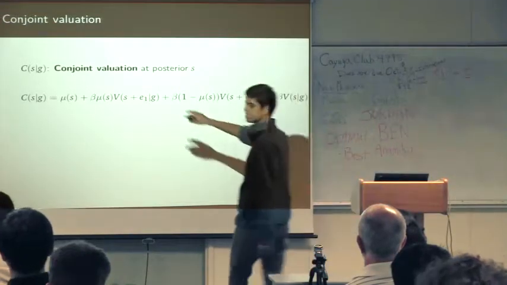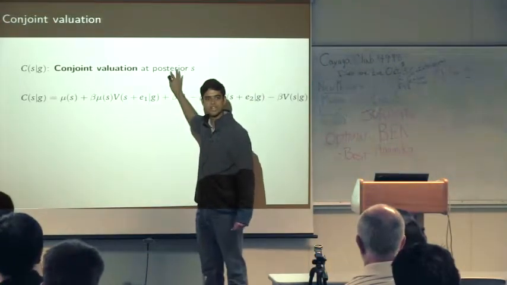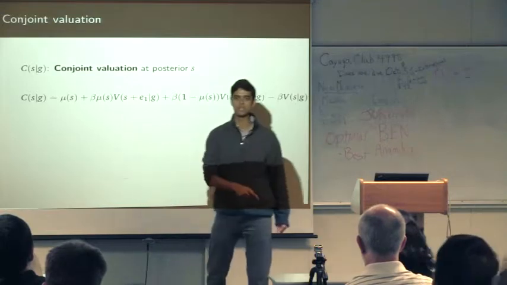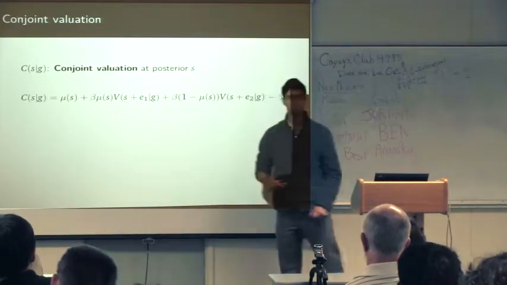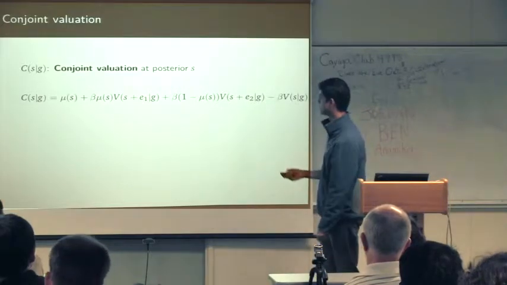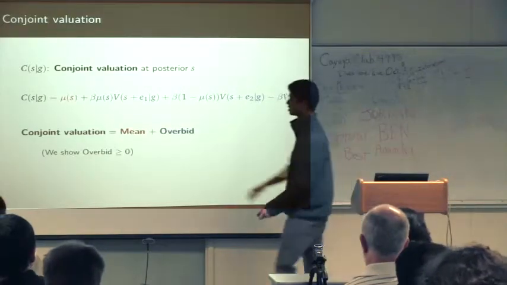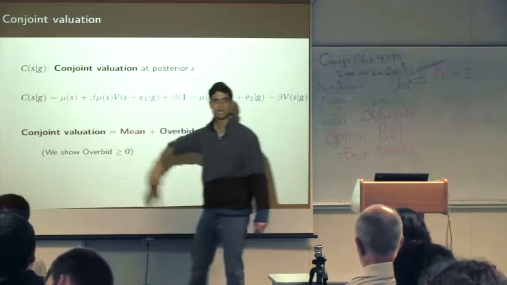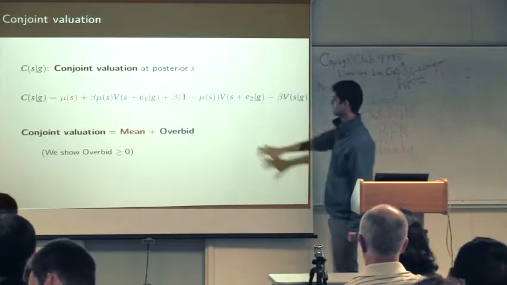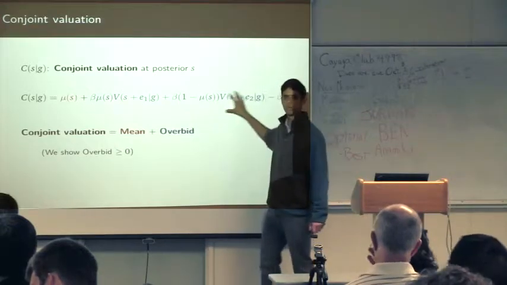We call this quantity CSG the conjoint valuation for state S, and the reason why will become clear in a second. This is the expression for the conjoint valuation, and it has two components. The first is the mean, given your current belief parameters, and there is this extra quantity which we call the overbid.